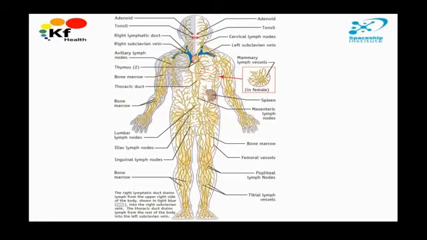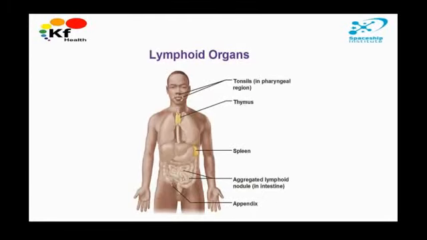Then in the next slide, number 7, the lymphoid organs are visible. Lymphoid organs are your tonsils, and that picture shows you only the ones in your mouth. These are the pharyngeal tonsils, but actually you have 5 levels of organization of your tonsils. The first one starts in your nose area, then there are the pharyngeal tonsils.